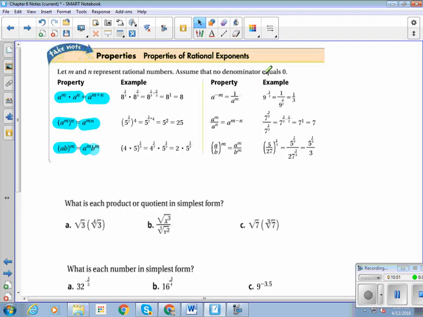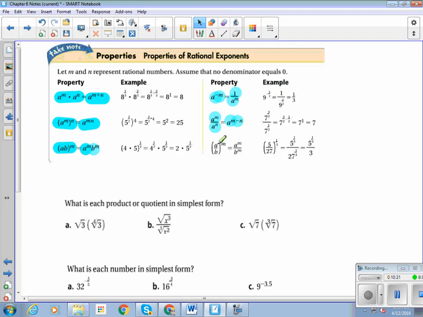If you have a negative exponent, you can rewrite that as a positive exponent in the denominator. If I have same base being divided, you can write that as one base with the exponent subtracted.